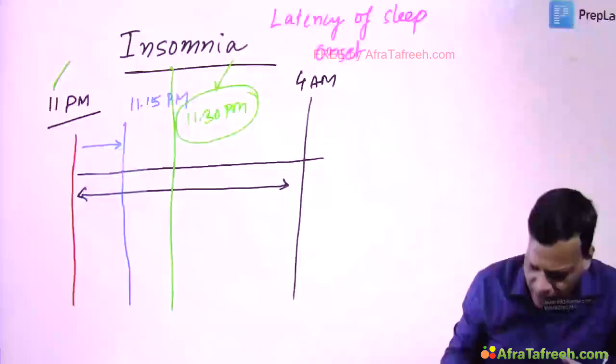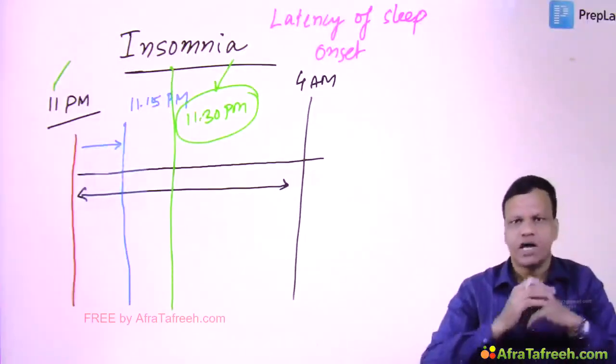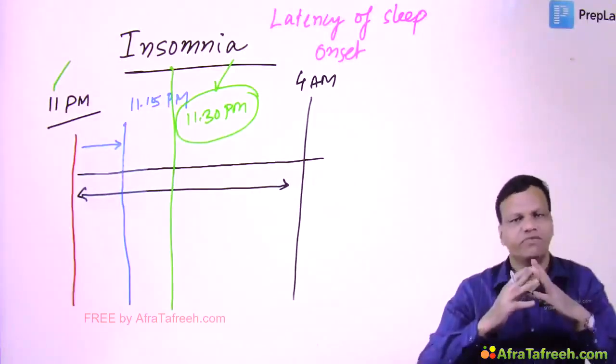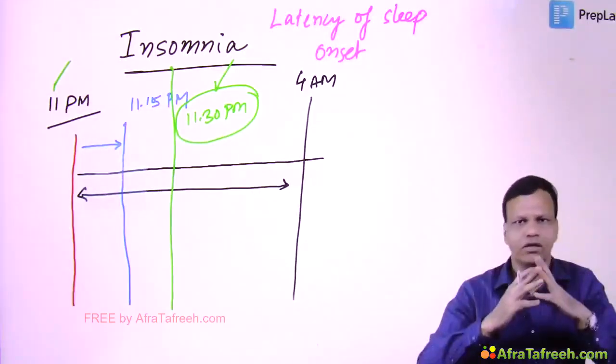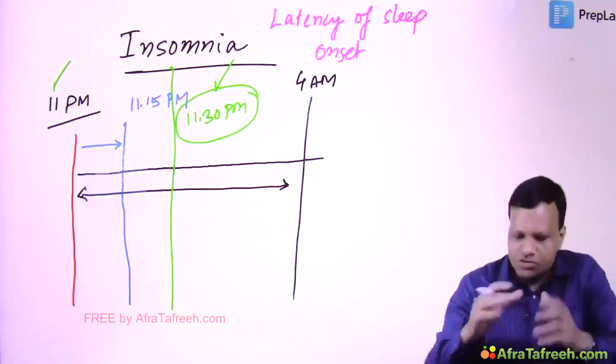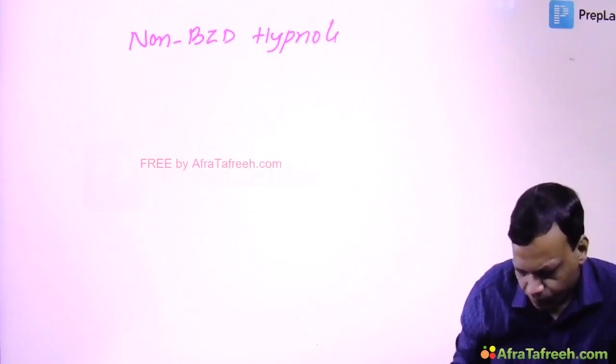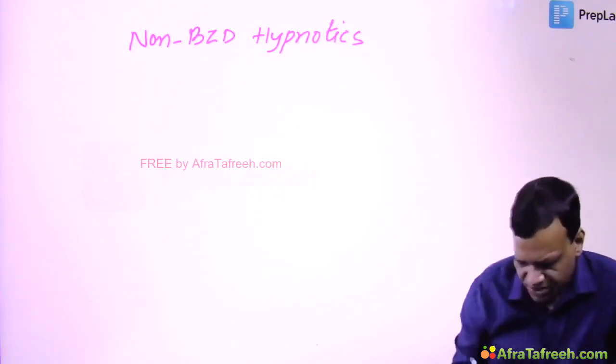So we want a drug which reduces the latency of sleep onset without affecting the quality. Even if they do not increase the quantity, we are okay, but they should not compromise the quality. So in search of such a drug, we came to a group of drugs called non-benzodiazepine hypnotics.